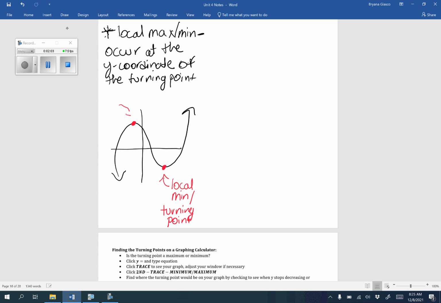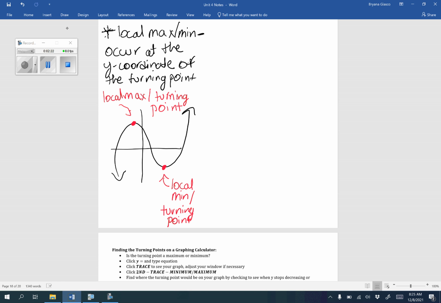Same thing here, this would be a local max. So remember, max is at the top, but it is also a turning point. So basically, a turning point is when the graph goes from increasing to decreasing, or vice versa, decreasing to increasing.